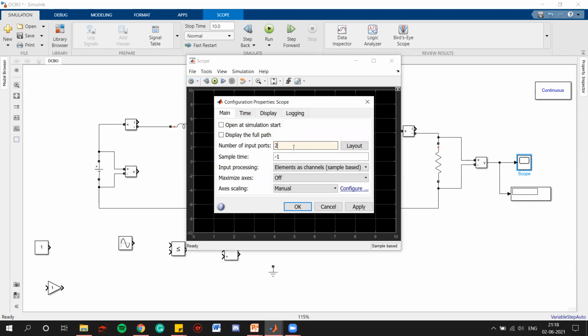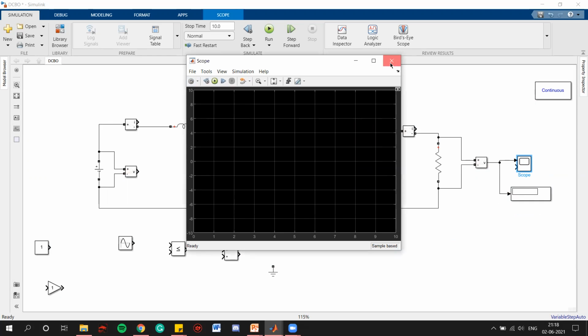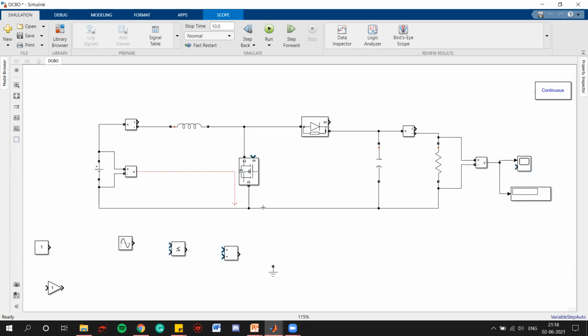Let's keep two inputs so that we can compare our input with output. Let's keep ground here. Okay, so our basic circuit for boost converter is ready.